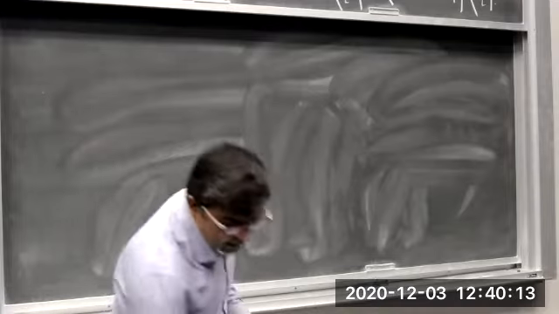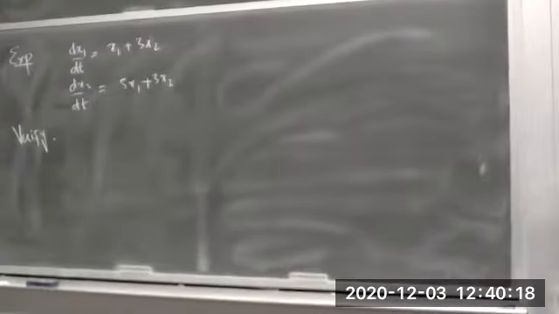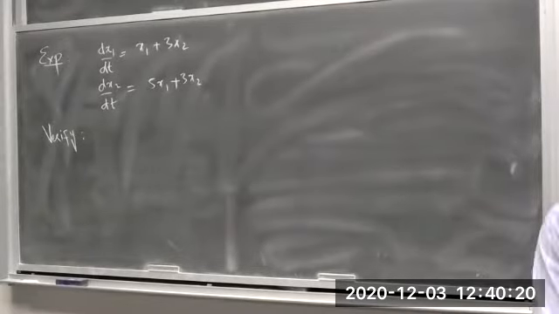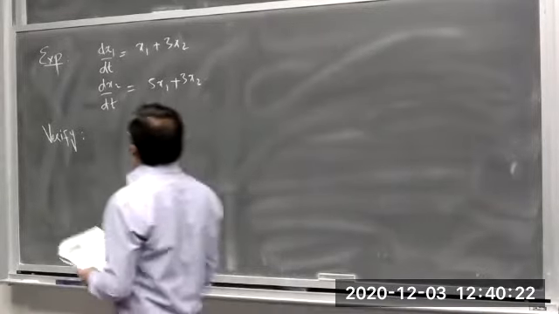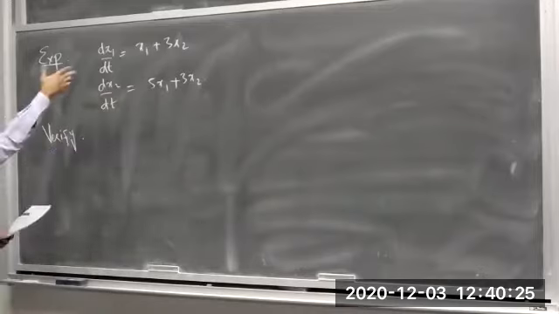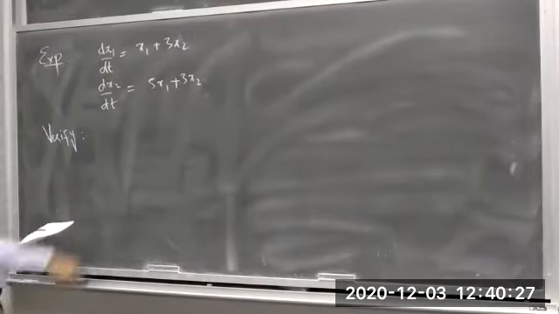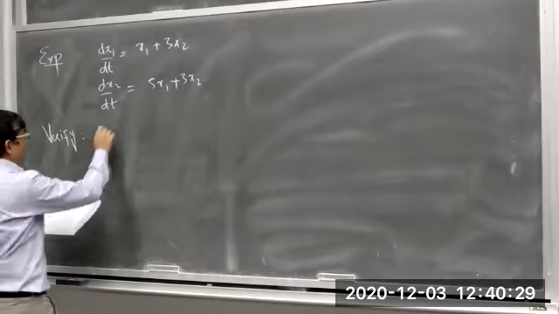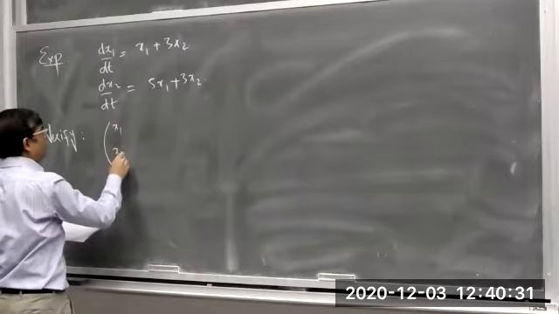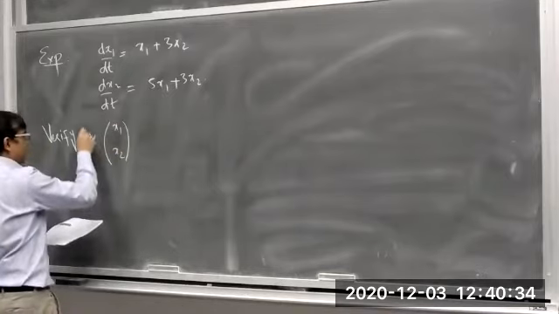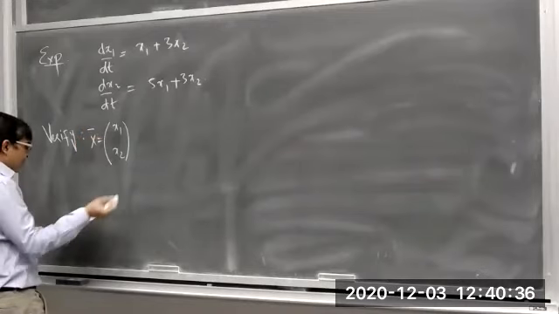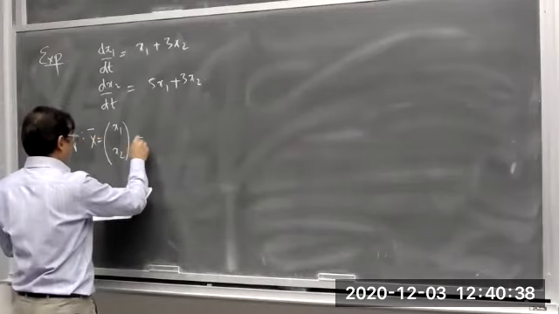Still, we don't know how to find this solution. Okay, the board is not here, fine. Let me change the board. Sorry, this one. So this is an example: dx1 by dt, dx2 by dt is equal to x1 plus 3x2 and 5x1 plus 3x2, and we need to verify that the vector x, with components x1 and x2, is equal to what?